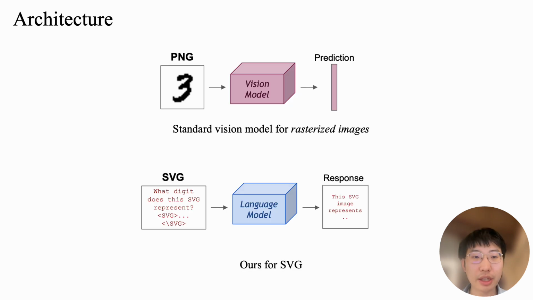So what kind of architectures do we require to understand SVG? Different from PNG, which needs a vision model like a convolutional neural network or transformer to understand its content, SVG just needs a language model to understand the input and also generate the response in the same textual format.